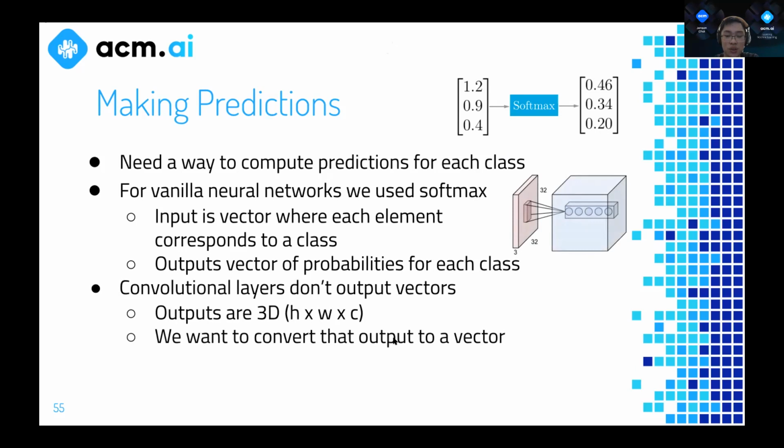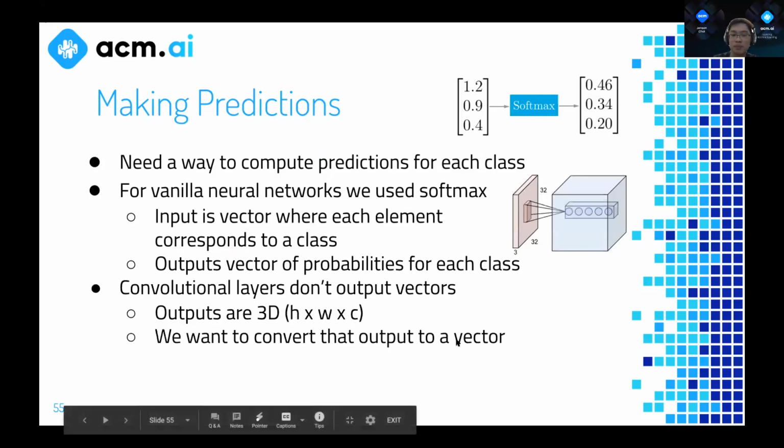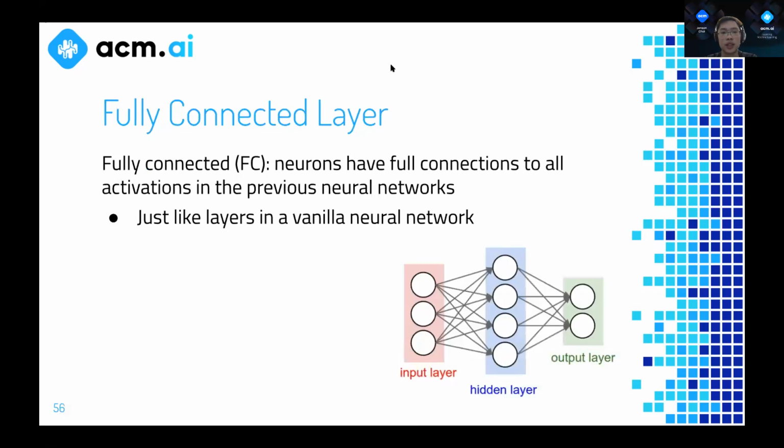So we want to convert that output to a vector of probabilities, similar to what we did for feed-forward neural networks. That's why we're including some fully connected layers at the end. Recall, fully connected neurons have full connections to all activations in the previous layer of the neural network. This is represented by this figure here.